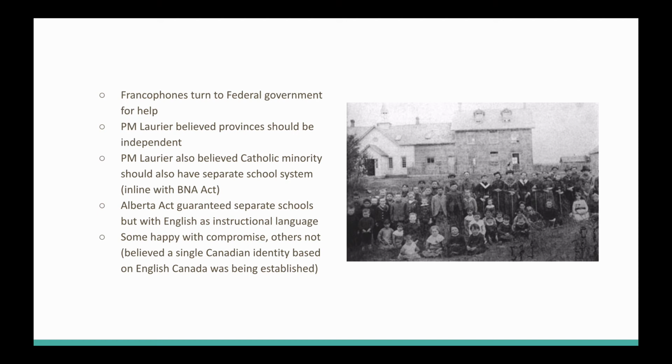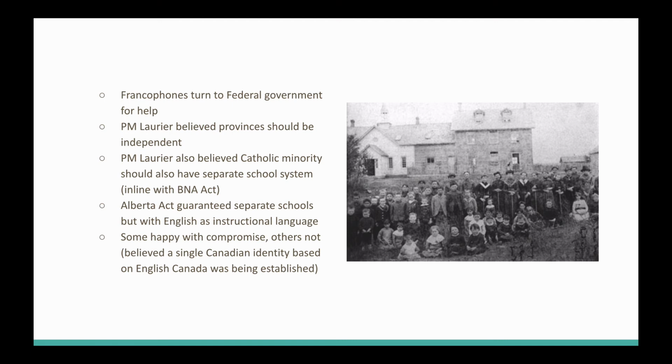Most were happy with this compromise, but others were not happy with this because they believed that a single Canadian identity was going to be developed based on English Canada. So they did not want that. So they continued to fight, and over time, more French was being introduced.